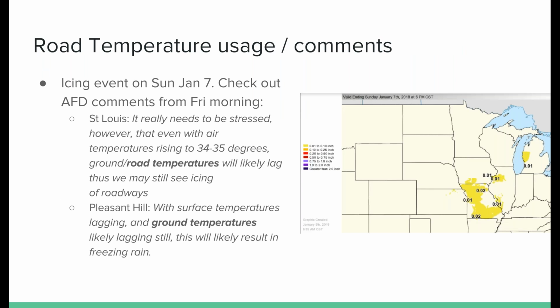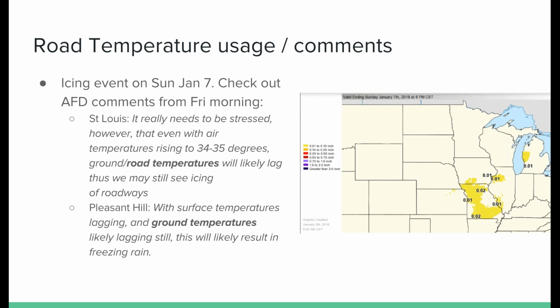A little topic on road temperatures. Sunday, January 7th, right before the AMS conference, or right at the beginning of it, there was an event coming across Missouri and eventually made its way all the way across to the East Coast. A lot of winter weather advisories were issued for some freezing rain, sleet.